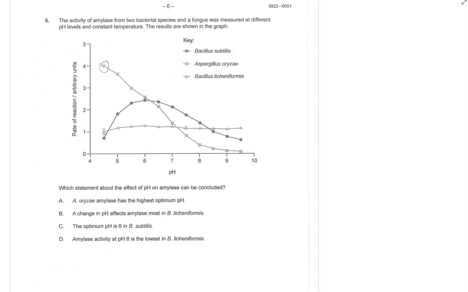A change in pH affects amylase most in B. licheniformis, which is the triangles. So that's definitely no. The optimum pH is 6 in B. subtilis. So yes, that would be correct. And let's just check. Amylase activity at pH 8 is lowest in licheniformis. No, it's lowest in that one. So it is indeed C.